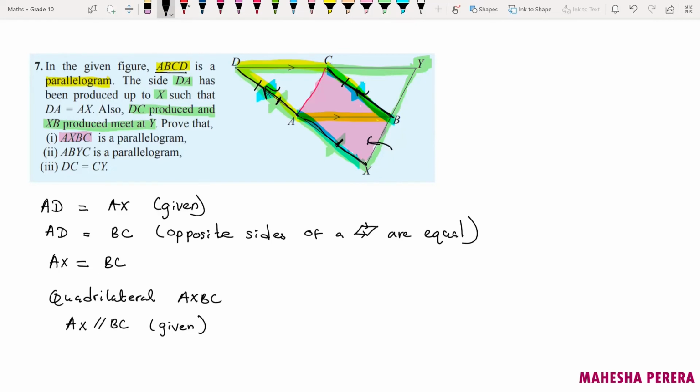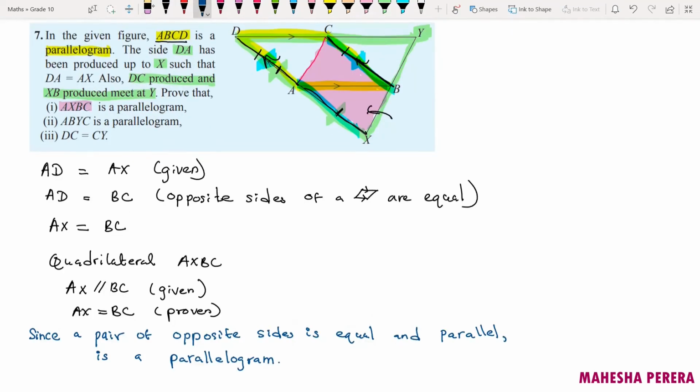And already we proved that AX equals BC. So we see that a pair of opposite sides is equal and parallel. So this means this quadrilateral is a parallelogram. Right, so let's write it. Since a pair of opposite sides is equal and parallel, AXBC is a parallelogram. This is Roman figure 1.